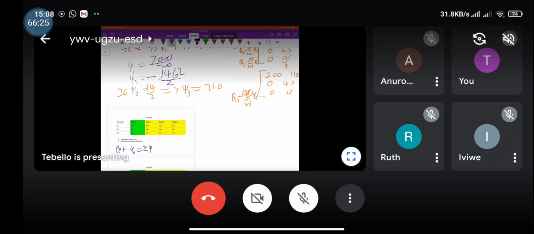So this will mean 7001 over 20 plus negative 1462 over 2 plus 120, and the answer is going to be negative 170.95.